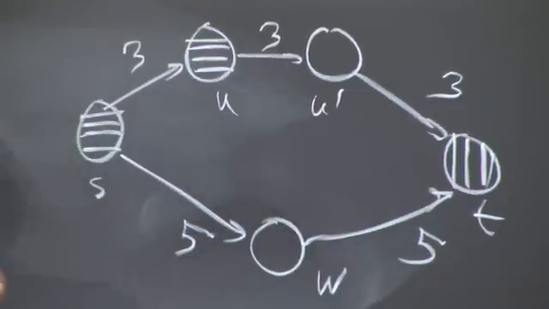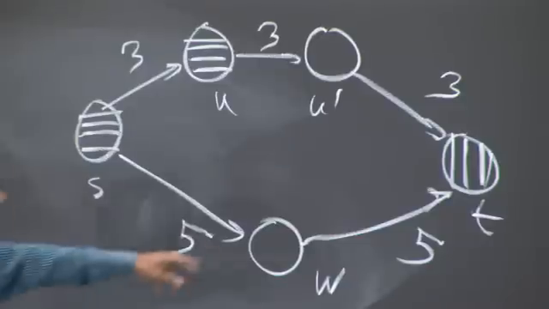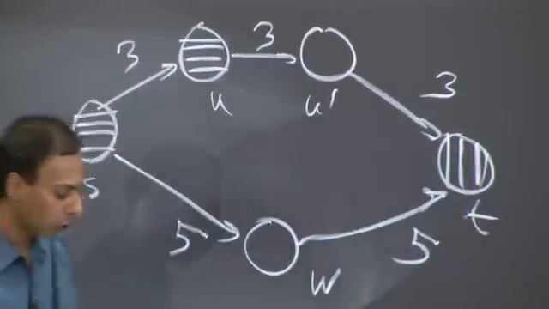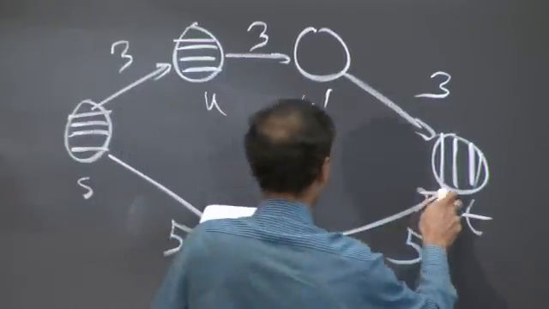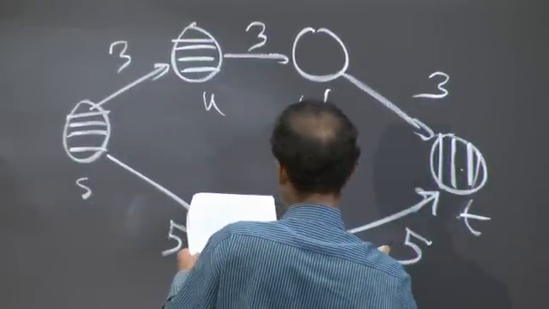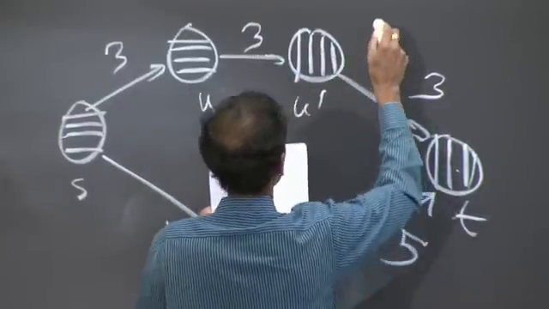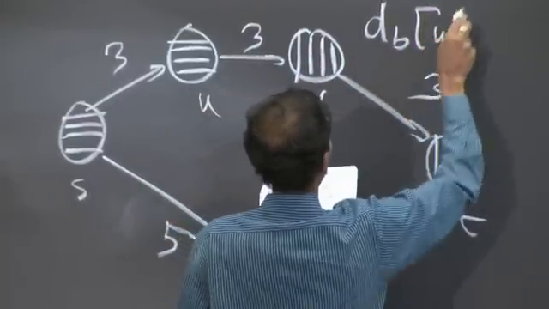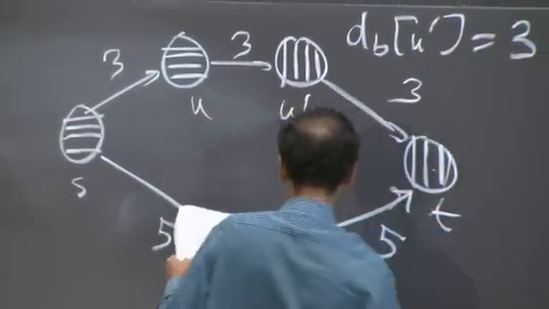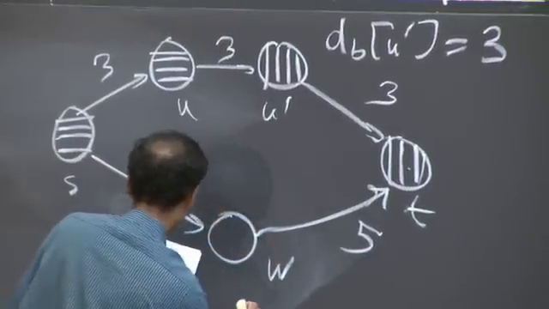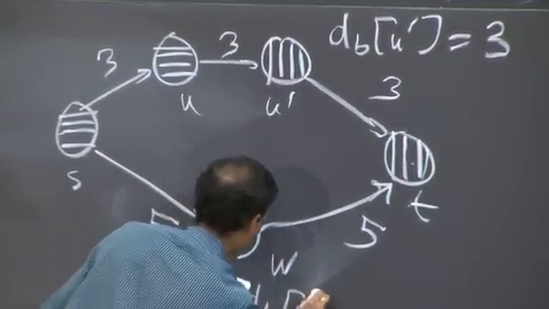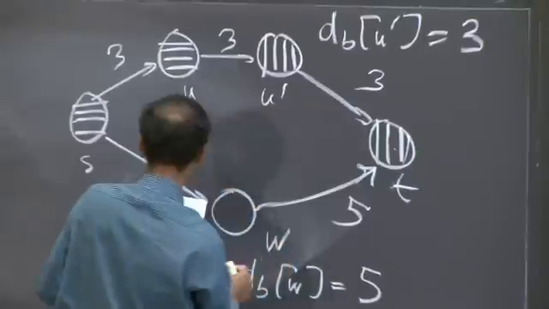The hash horizontally means that it's been removed from QF. The hash vertically means that it's been removed from QB. So when I do a backward search, I'm going to hash this, and I'm going to set dB of U prime equals 3, and I have dB of W equals 5.